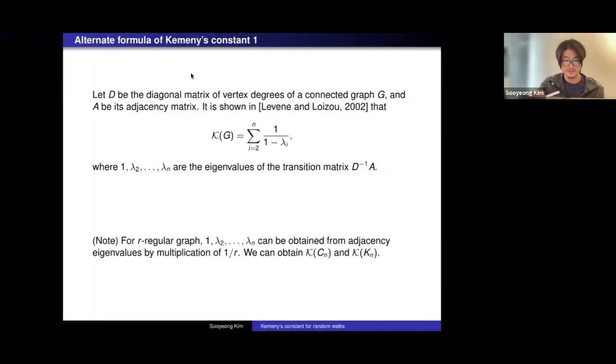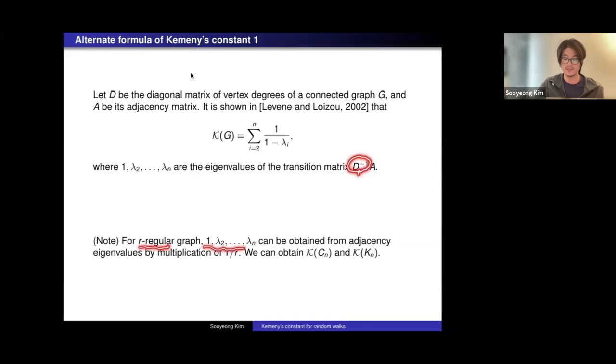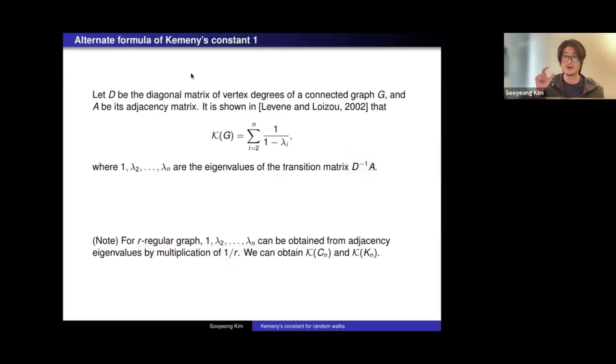And here we have some note. Since we are using eigenvalues, if our graph is regular, then D inverse becomes a scalar multiple of the identity, so that these eigenvalues can be obtained from adjacency eigenvalues, by multiplication of 1/r. So that's how we can easily obtain Kemeny's constant for the cycle and complete graph.